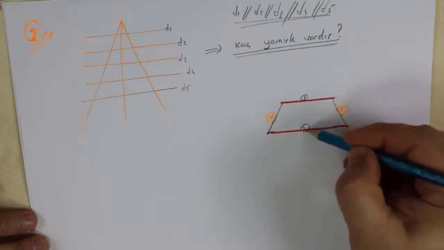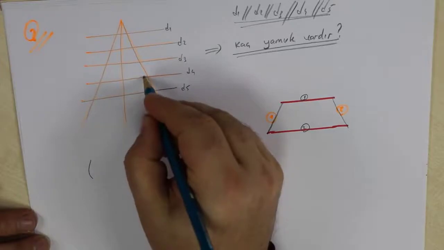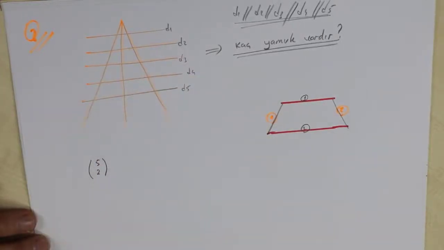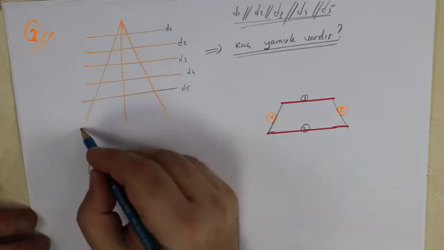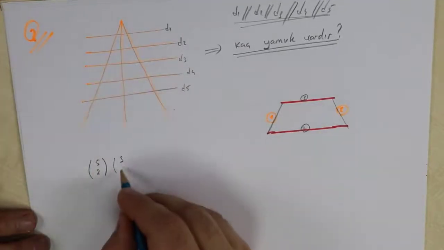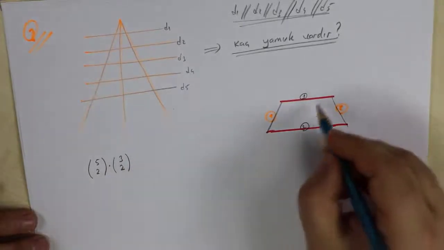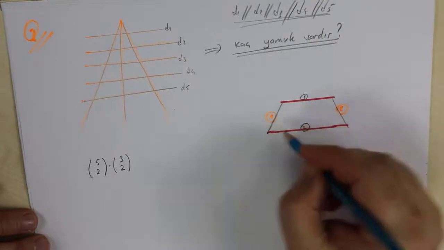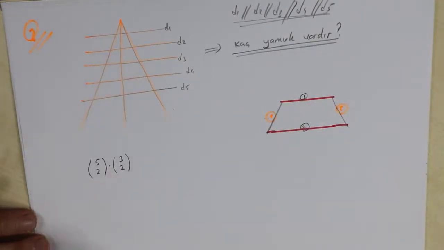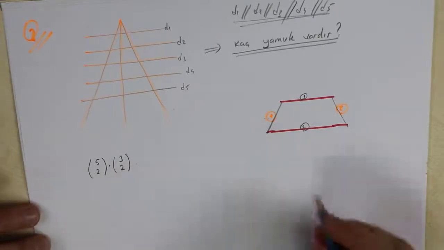For these parallel lines, we need 2 to get the trapezoid. And the same, we have 3 inclined, and 2 among them will create for us a trapezoid. So this will be a multiplication between the combinations of 5, 2 and 3, 2.